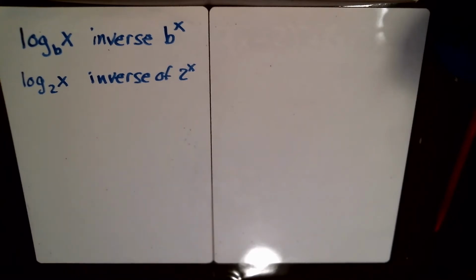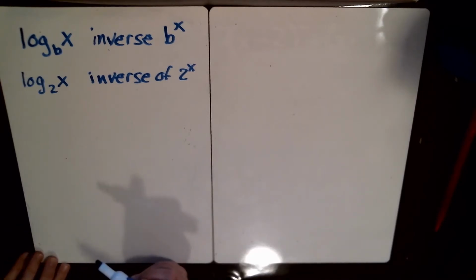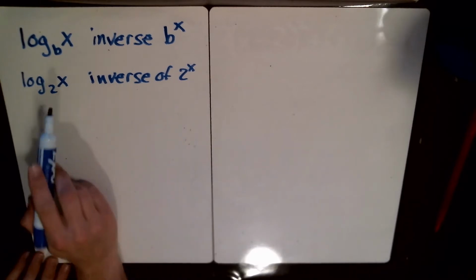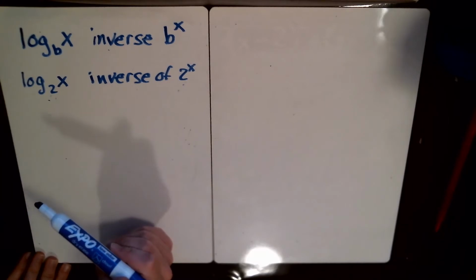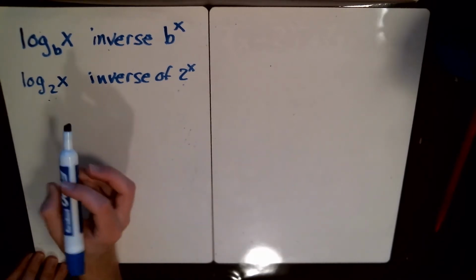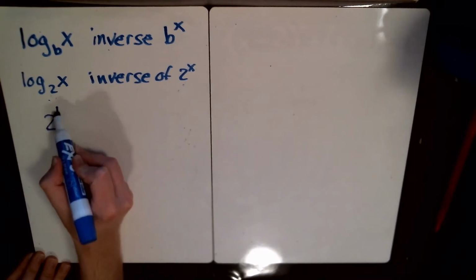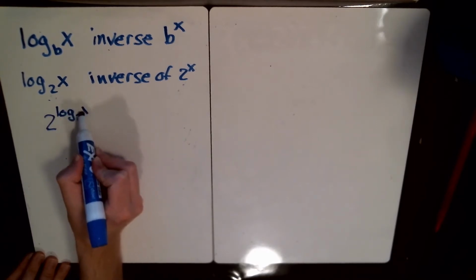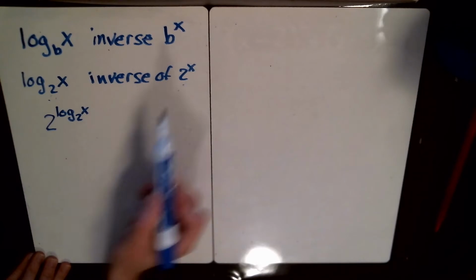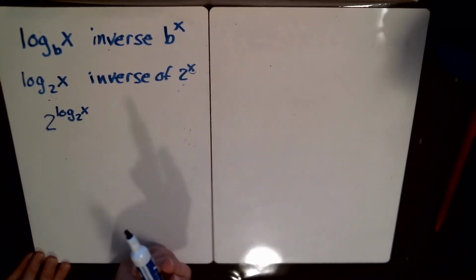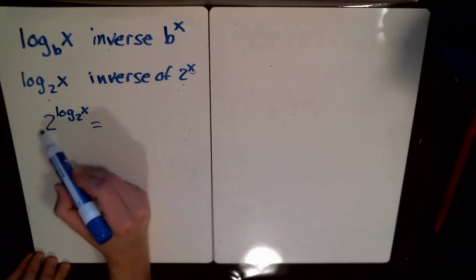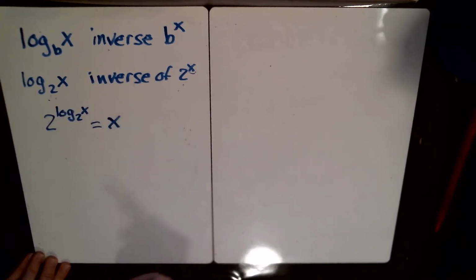Okay? So how is that useful? Well, if you have equations and you want to solve for x, you can use these two to undo each other. Whenever you do 2 raised to the log base 2 of x, they cancel each other out and you just get x.